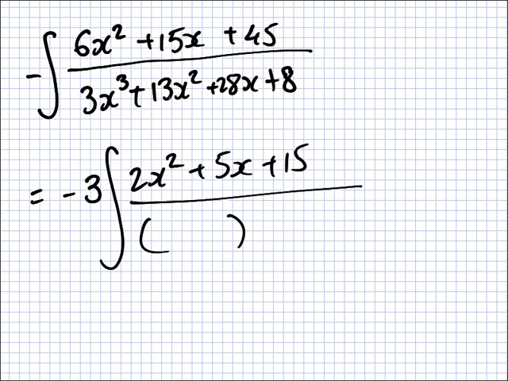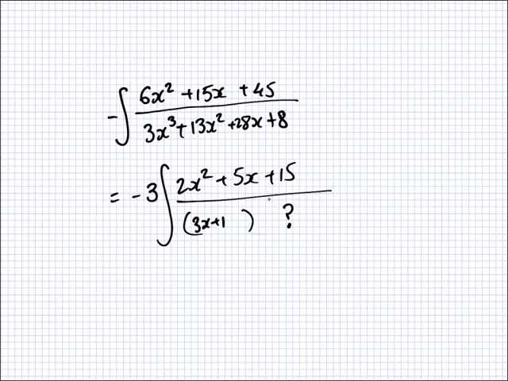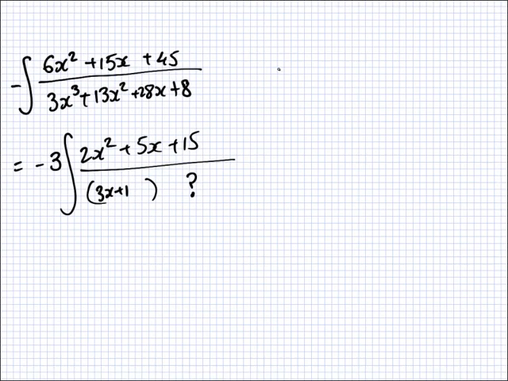Minus 3, 10. No. Let's cheat. 3x plus 1. 3x plus 1. And we can get this piece here. How do we get the next piece? Well, we can just divide.